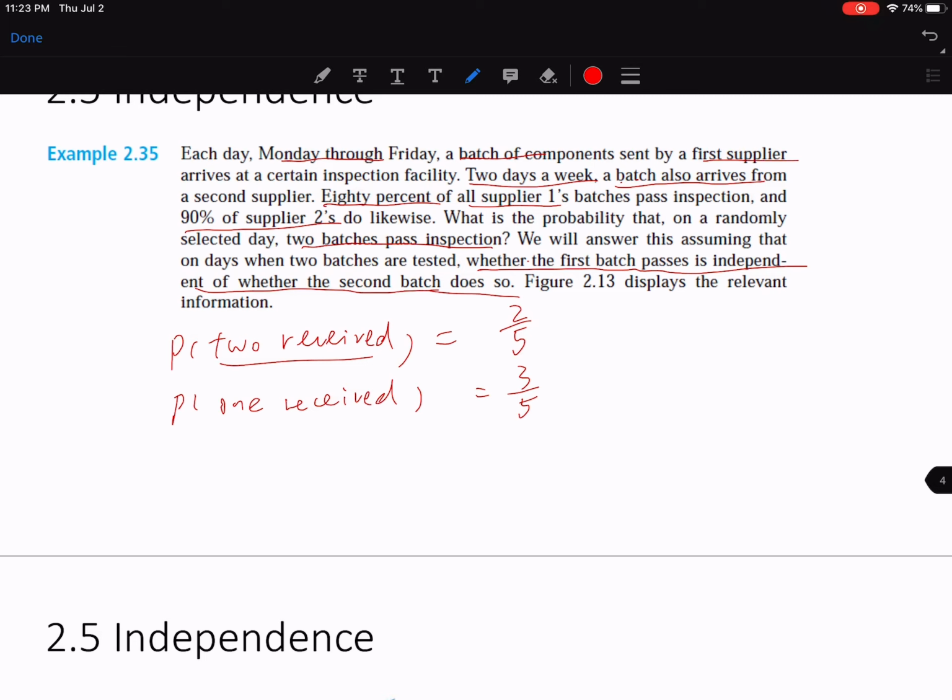First of all, let's translate this question into the form of probability. We are looking for the probability that 2 pass. If we want 2 to pass, first of all, it has to be that 2 are received.